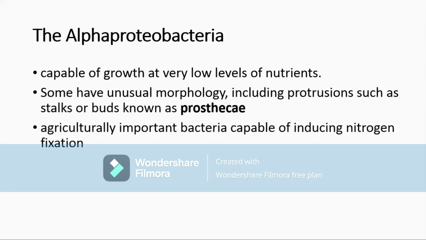A very important characteristic is that they are agriculturally important because they are capable of inducing nitrogen fixation. So they play a very important role in the cycling of nutrients. सोइल की जो nutrient cycle है उसमें बहुत important role play करते हैं. They are mandatory to be present in the soil because they provide plants nitrogen.